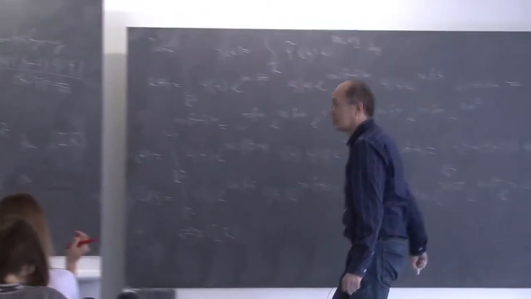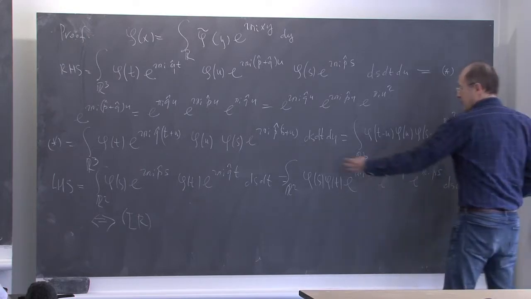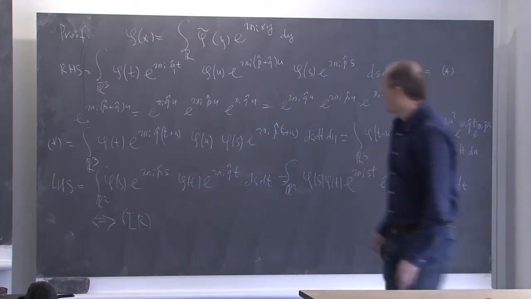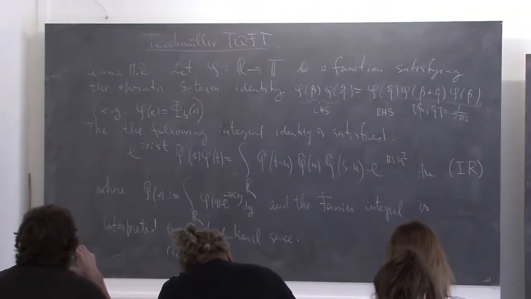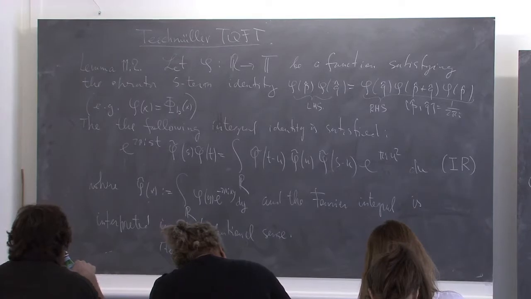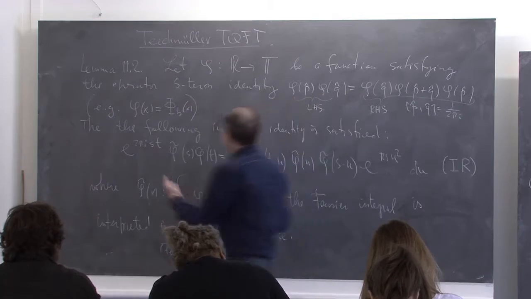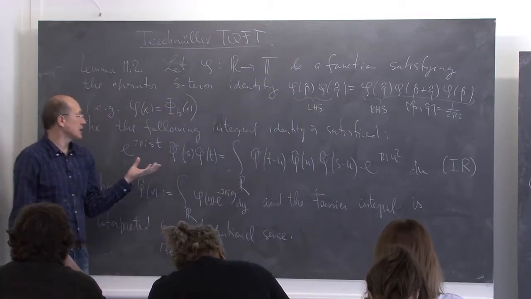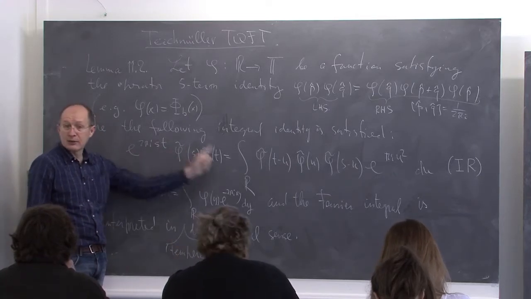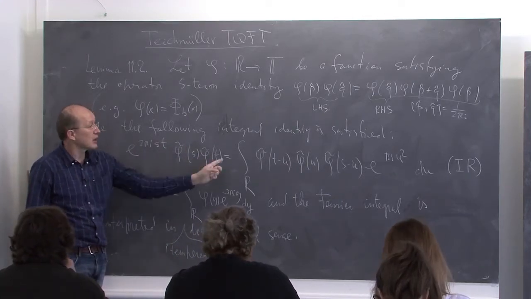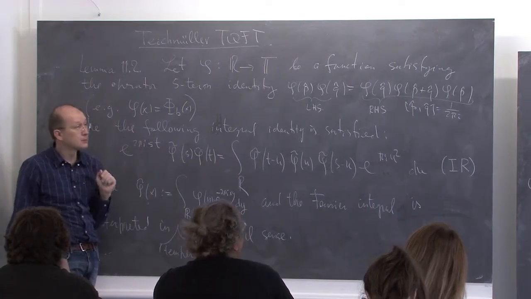It's equivalent, and we throw away integration over ds dt and equate the rest. So we have this. But remember, everything now should be understood in the distributional sense. So strictly speaking, this equality tells us that we have to take a test function in R² and contract the left-hand side with the test function, and it will be equal to the contraction of the right-hand side with the test function.